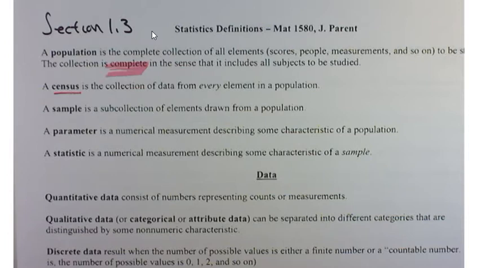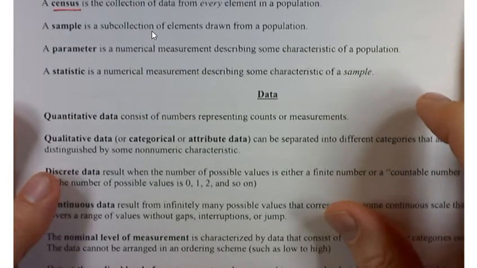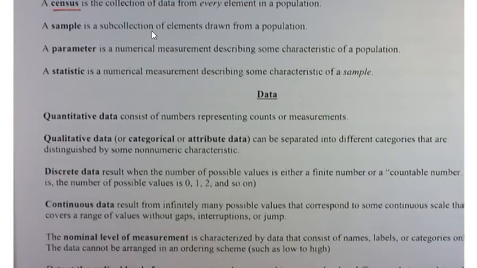So if I define as my population all the students in this room right now, and I collected information from just these first two rows, that would be a sample. It's not a census until I collect data from every last one of you. Now, why would you be collecting information? Typically because you want to know something. You want to know the average age, average height, average IQ, etc. And that number that you're looking for is a population parameter.